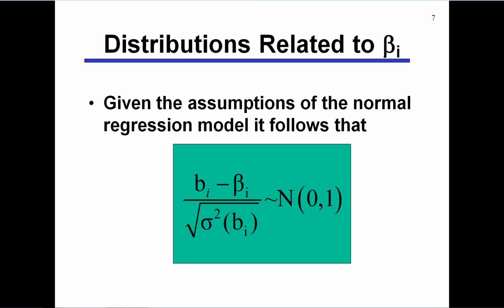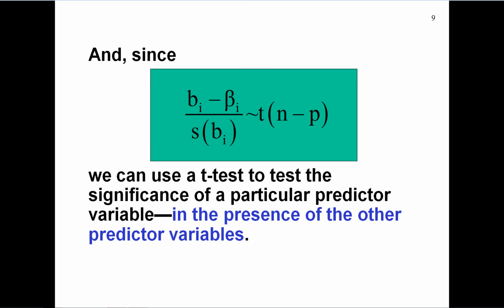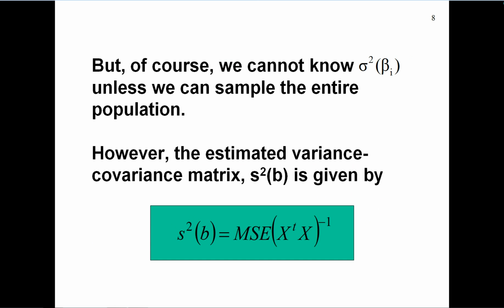The unfortunate thing, of course, is that we generally don't know sigma squared, but we do have a great estimator for sigma squared, and that is the mean squared error. And so we can replace sigma squared with mean squared error and find the estimated variance covariance matrix associated with our regression estimators.